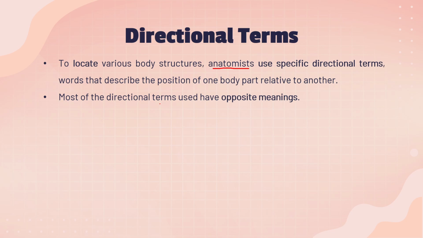First is the ventral. Ventral means what? Towards the belly. Ventral you can remember as in front of. Then second, dorsal. Dorsal towards the back. You can remember D and B. Dorsal towards the back.